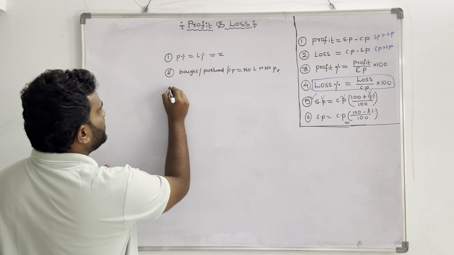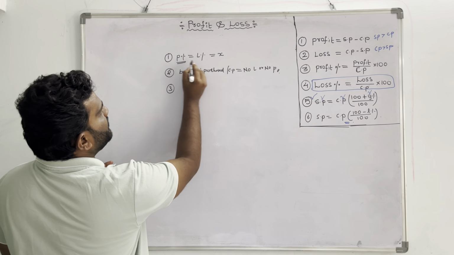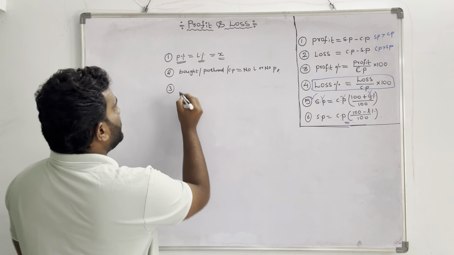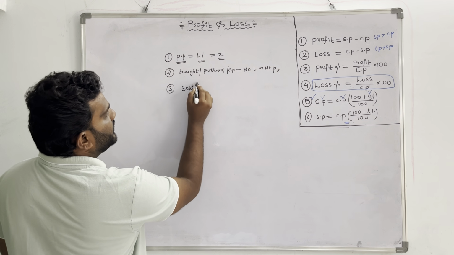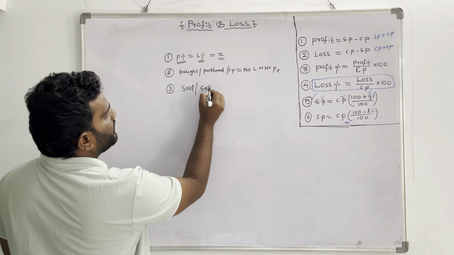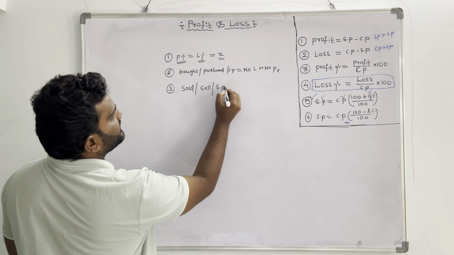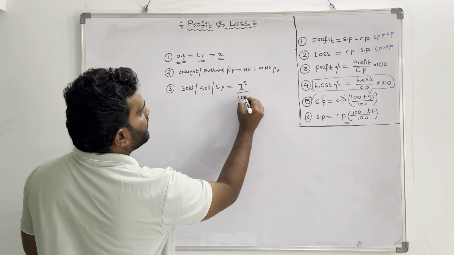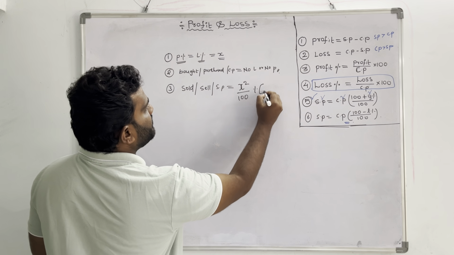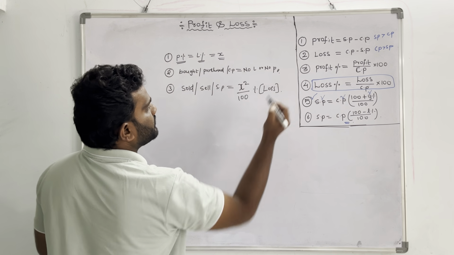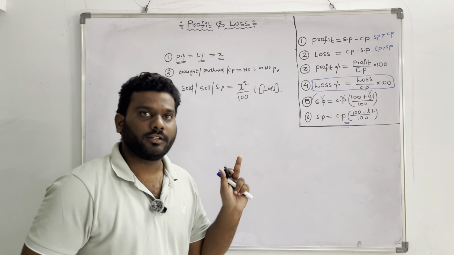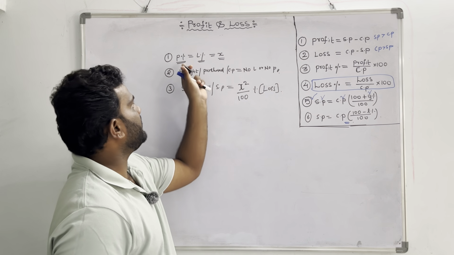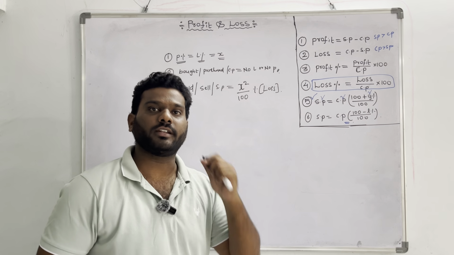But in the fourth question, the same profit and loss percent is given as 10%, the same x, but since it started with sold or selling price, the answer will always be x square by 100 percent, and this will always be a loss. You have to use this trick. Got it? I hope you are very clear. That is, for cost price and for selling price, when profit and loss percent are equal in the question.